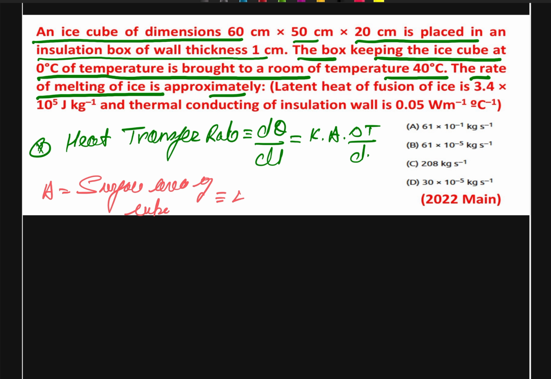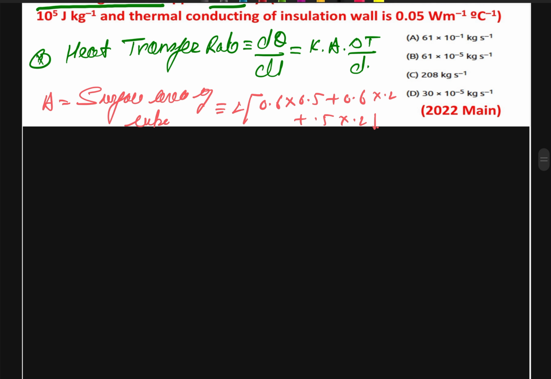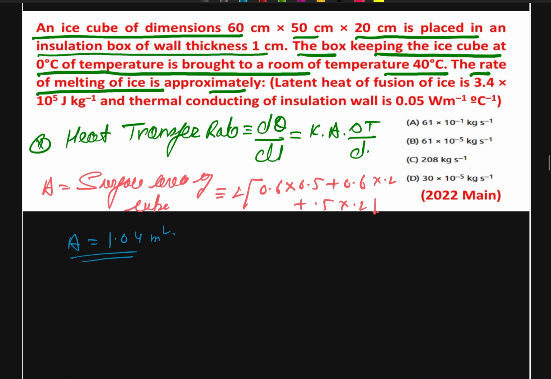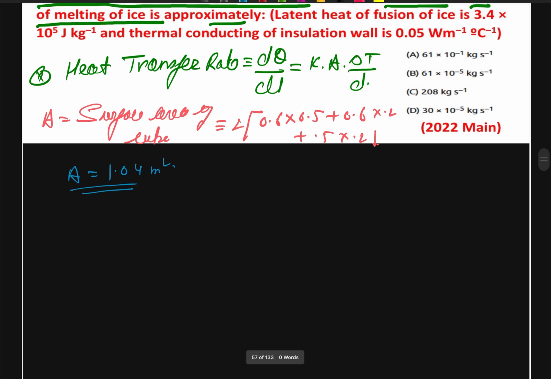So this comes as 2 into 0.6 times 0.5 plus 0.6 times 0.2 plus 0.5 times 0.2. So we get this surface area A is equal to 1.04 meter square, and d is our thickness, which is given as 1 centimeter.